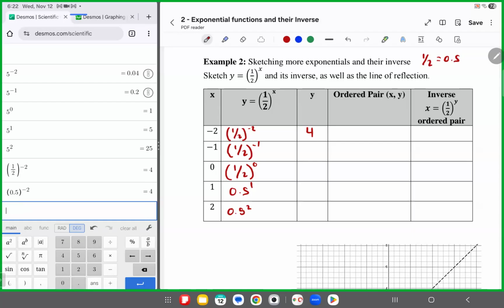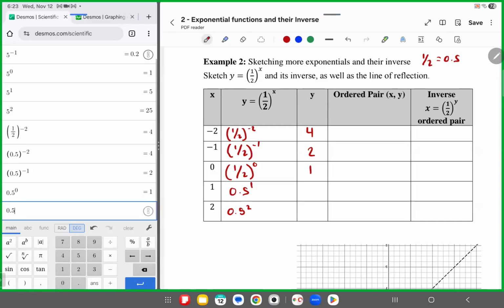It's the same thing. 1/2 to the power of -1 is going to give us 2. 0.5 to the power of 0 is going to give us 1. 0.5 to the power of 1 is just 0.5. And 0.5 to the power of 2 will be 0.25.